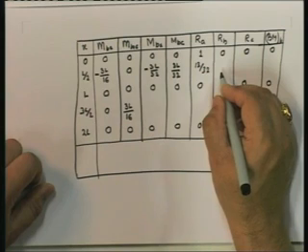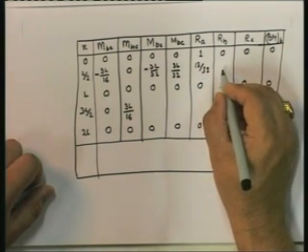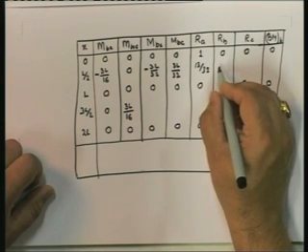Okay, RB is going to be x by L, so x by L is going to be equal to half.